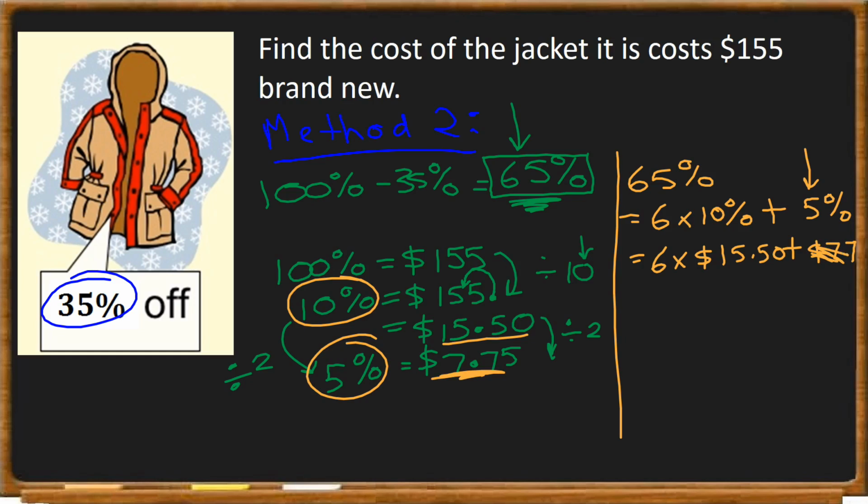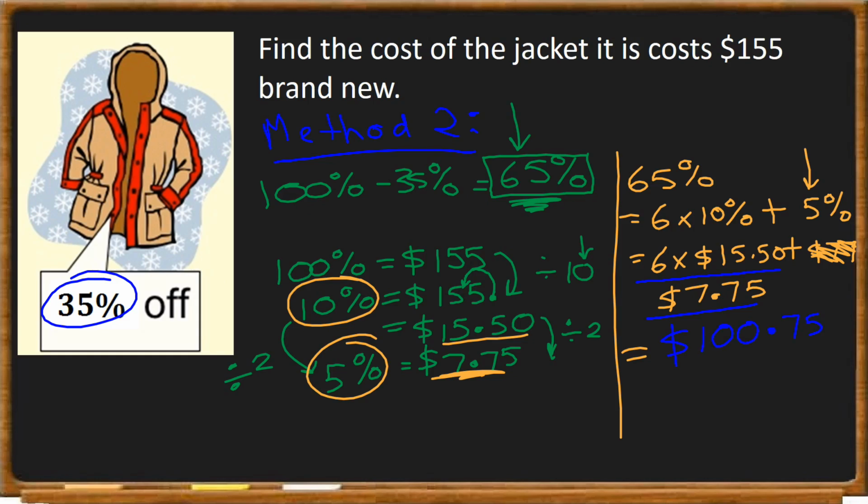$7.75. So we're going to add on $7.75. And when you put this full calculation, 6 lots of $15.50 plus $7.75, you end up with your answer, which is $100.75.